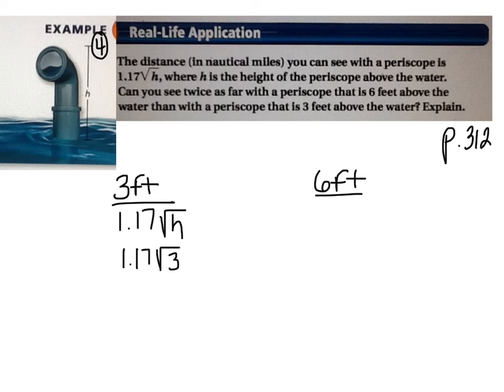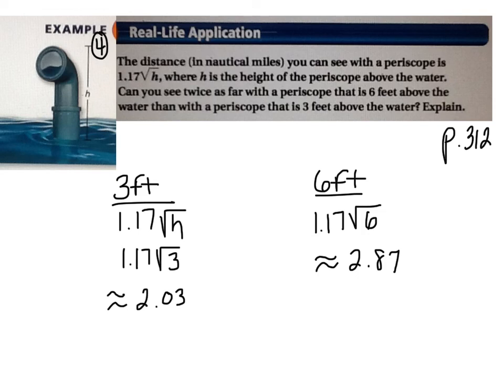If I take the square root of 3 times 1.17, that gives me approximately 2.03. If you're 6 feet above the water, that's 1.17 times the square root of 6, and that gives me approximately 2.87.